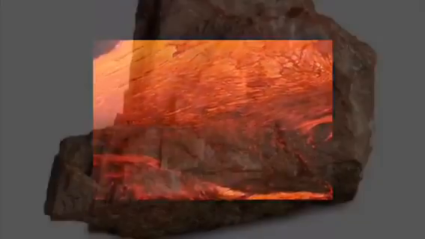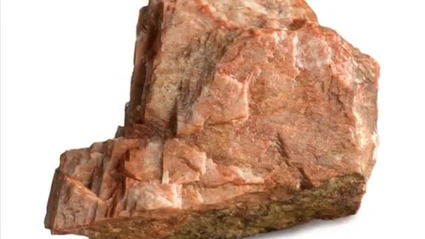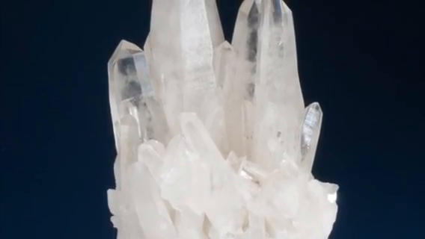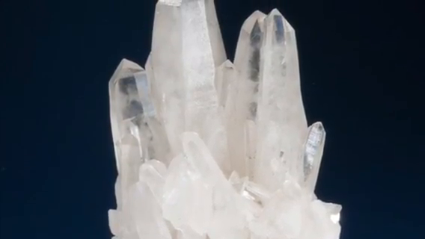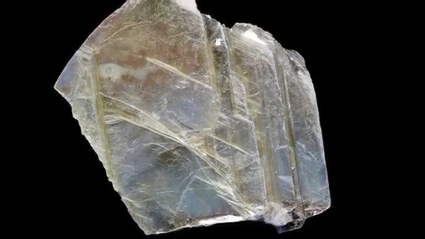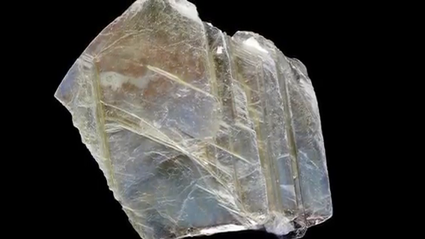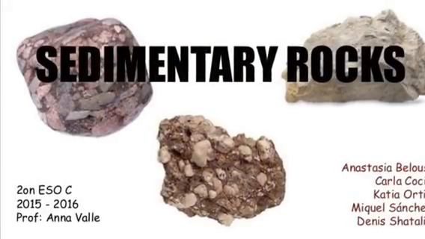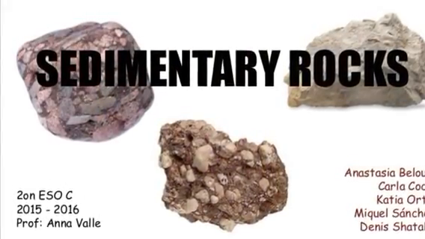These silicate materials include feldspars, quartz, micas, pyroxenes, amphiboles, and olivine. These minerals make up over 95% of the volume of the common igneous rocks, making igneous rocks easy to identify.